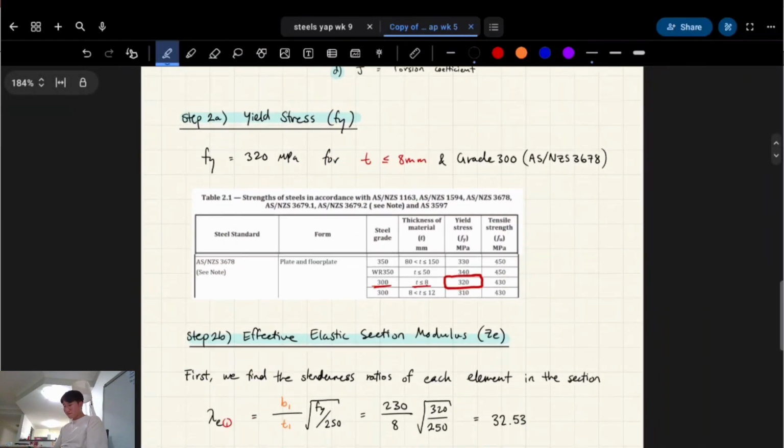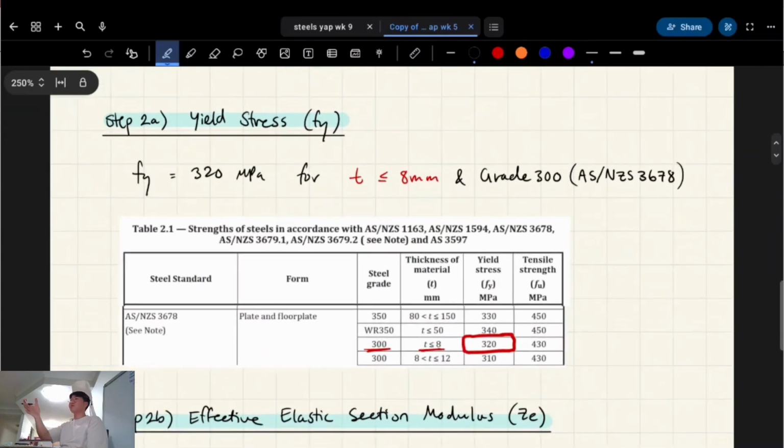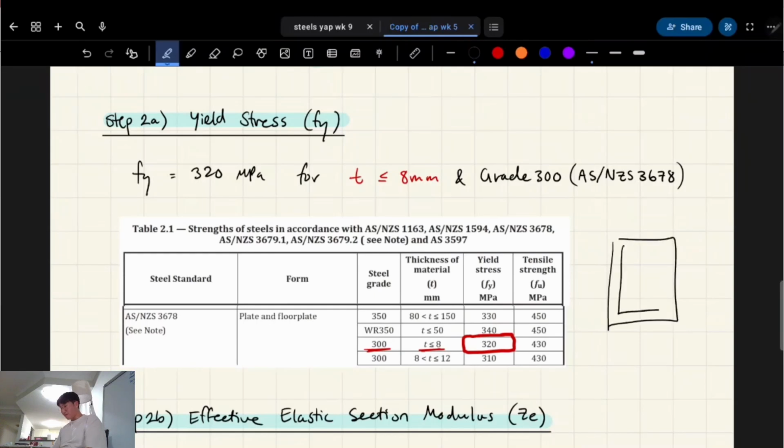First one's yield stress, so that's from table 2.1. That one makes sense here, and it's based on the thickness of the material. Our box has a thickness of 8, so that's 8 for all the edges. Well, not the box, the component.